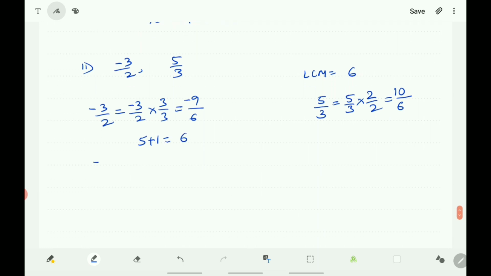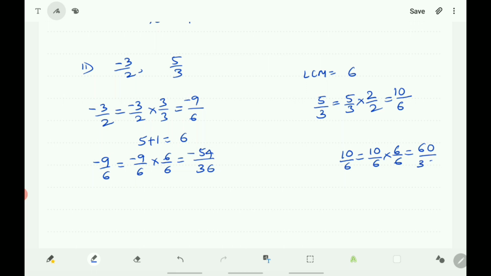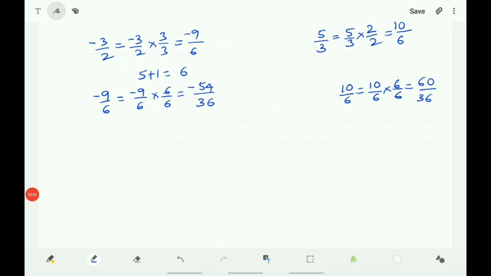Now you take minus 9 by 6, that is equals to minus 9 by 6 into 6 by 6, that is it becomes minus 54 by 36. Here 10 by 6 is equals to 10 by 6 into 6 by 6, that is 60 by 36.